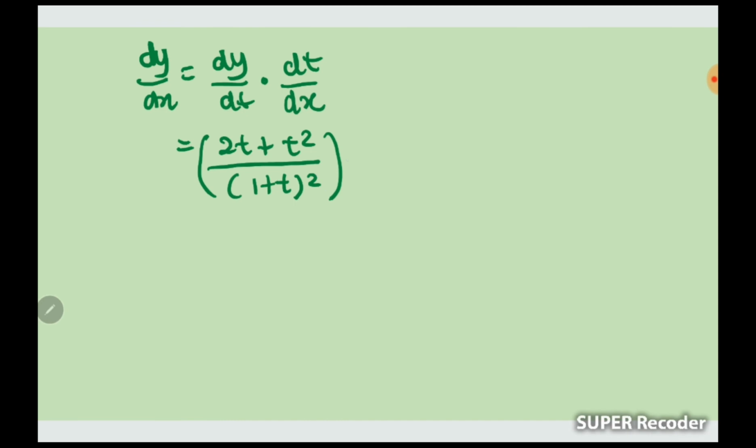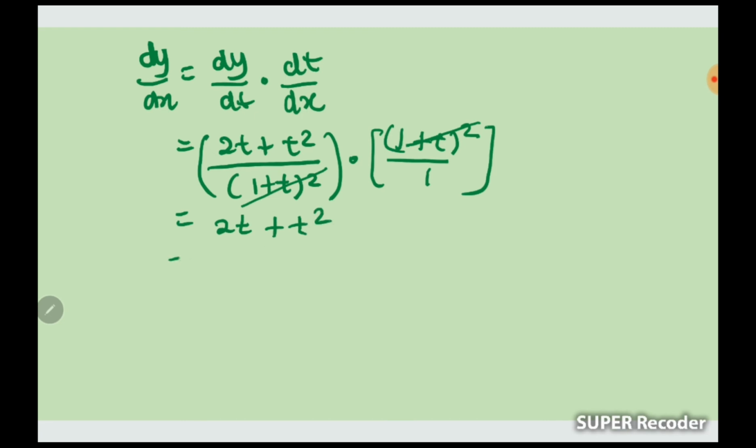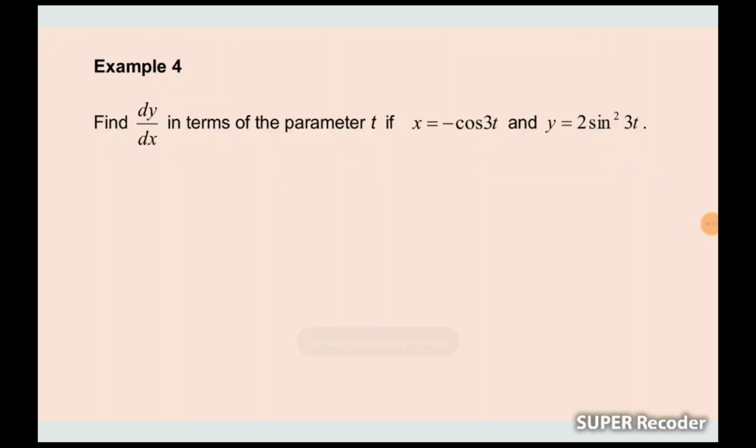What is dt/dx? dt/dx is given as 1 plus t squared divided by 1. Then we solve the equation. You can see that we can cancel out 1 plus t squared here. So the answer is 2t plus t squared. Then we factorize.